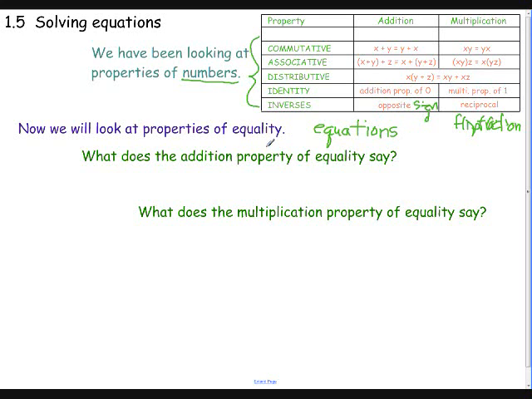Equations are statements that one thing is equal to another. The addition property of equality says, whatever I add to one side, I can also add to the other, right? What does the multiplication property of equality say? Very similar, right? As long as I multiply both sides by the same number, it will stay equal.